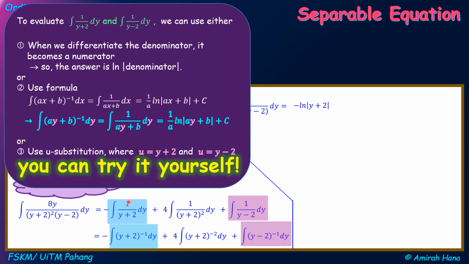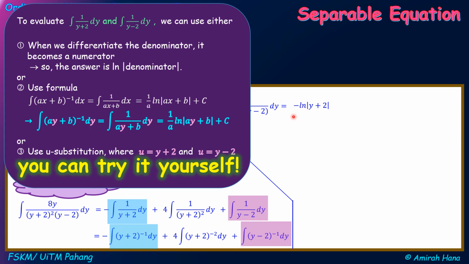So when we integrate 1 over y plus 2 dy, from either method 1, method 2, or method 3, we have negative ln of (y plus 2). Here 1 over a means 1 over the coefficient of y, and then ln of (ay plus b). Now our a, the coefficient of y, is 1, and b equals 2.